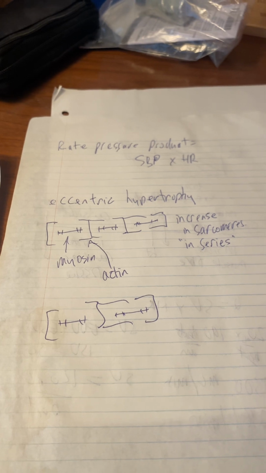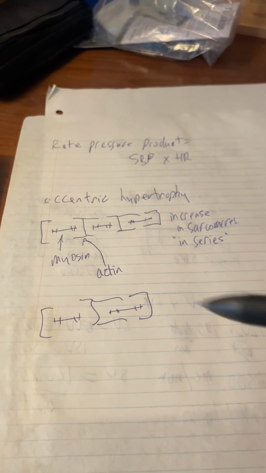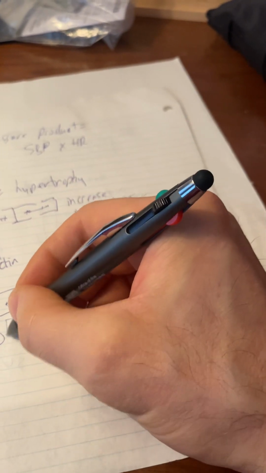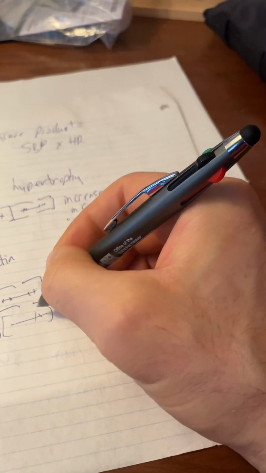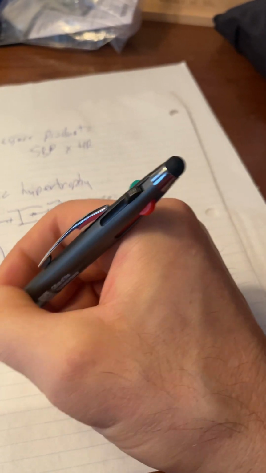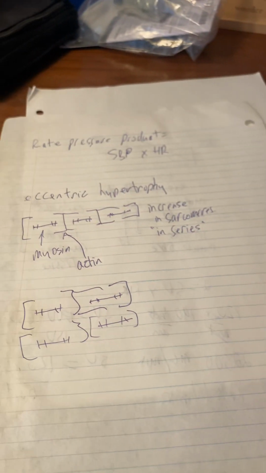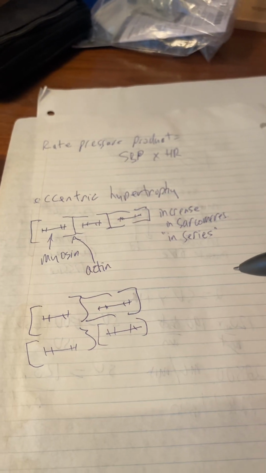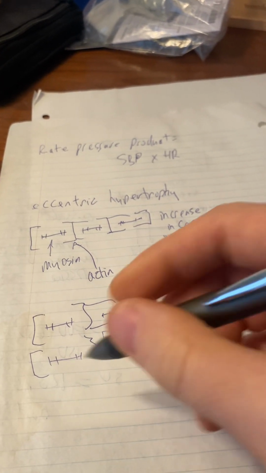What happens with hypertension or strength training is these will increase in parallel. They'll increase this way. So your heart tissue is actually becoming thicker, just like your skeletal muscle becomes thicker and hypertrophied this way with strength training. So this is called an increase in sarcomeres in parallel.